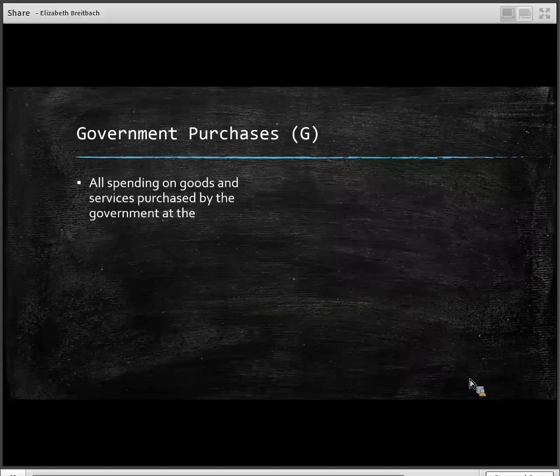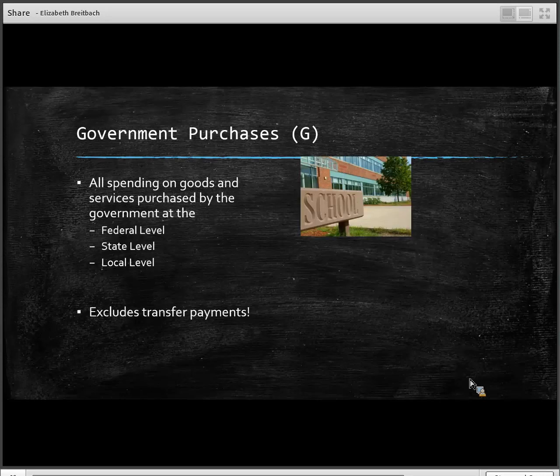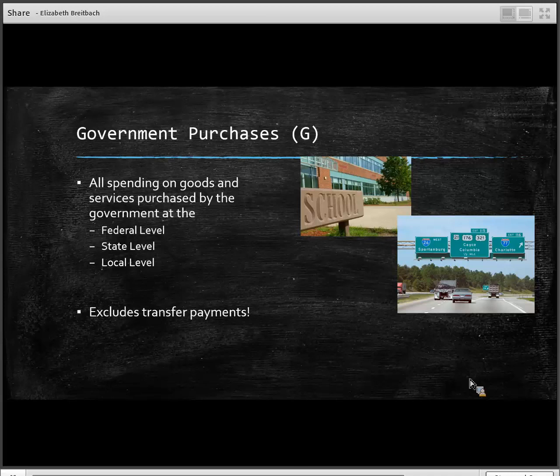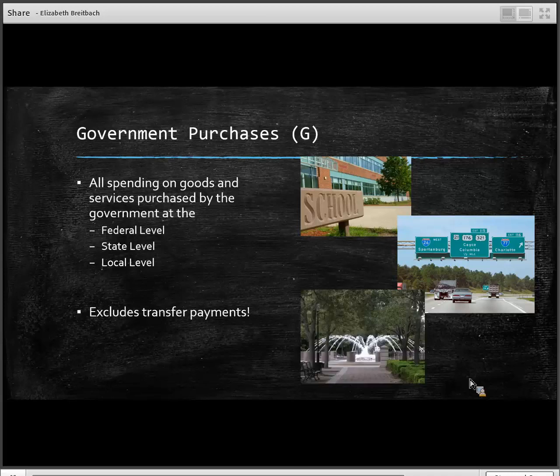Okay, government purchases: all spending on goods and services purchased by the government at the federal, state, and local level. So it's going to exclude transfer payments, but anytime we build a new school, or repair a highway, or build a new park, any of these items are going to be included in GDP.